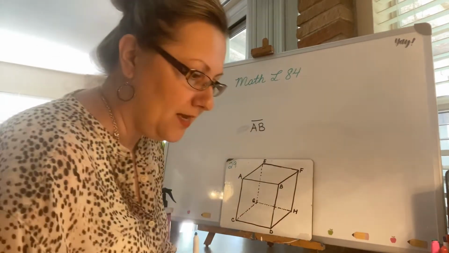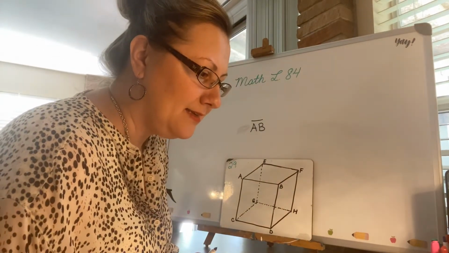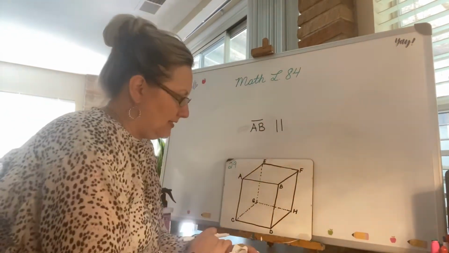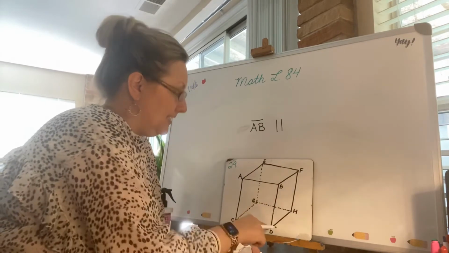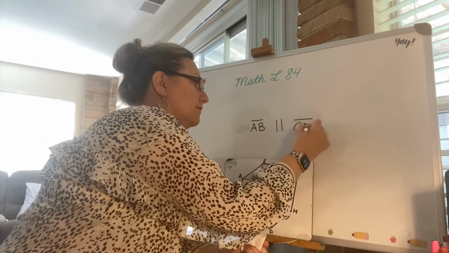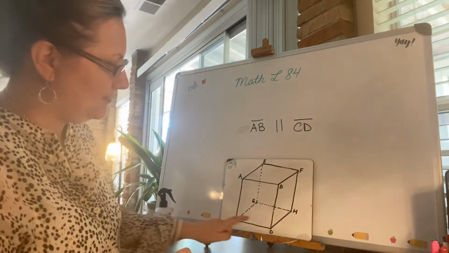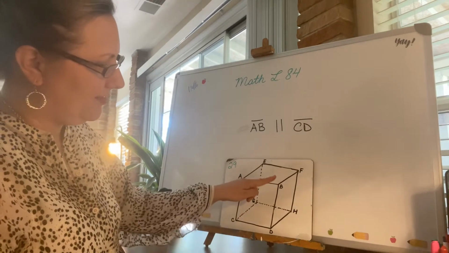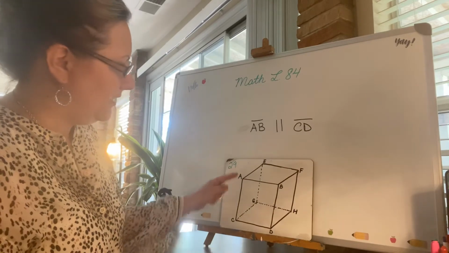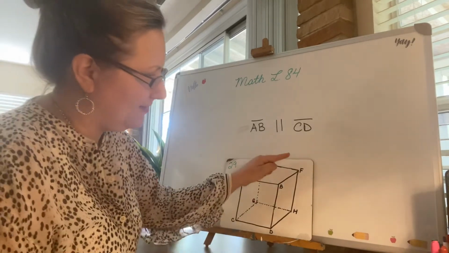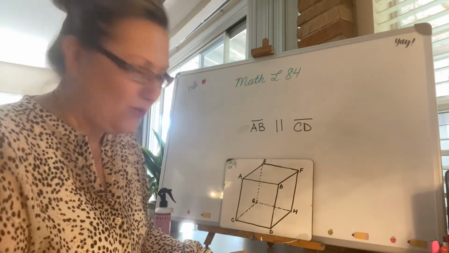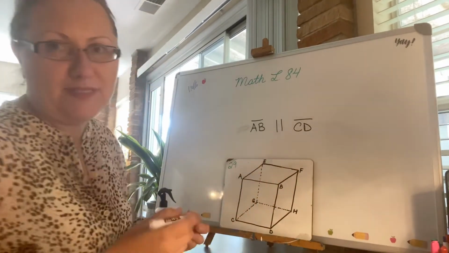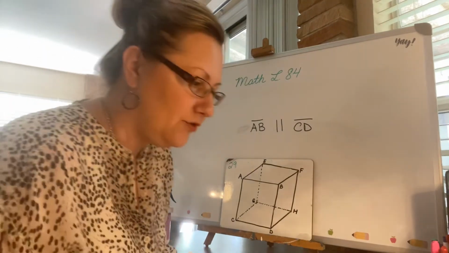Segment AB, we could say, is parallel to segment CD. AB and CD are parallel, or we could say segment AC is parallel to segment BD. We could say segment AC is parallel to segment FH, or you could start with the numbers from the bottom. There's all kinds of segments that are parallel. We'll just name those two.